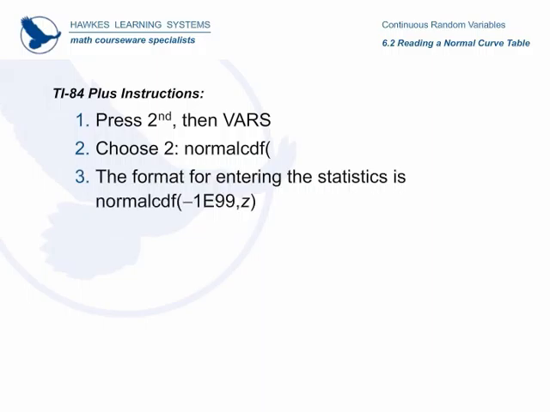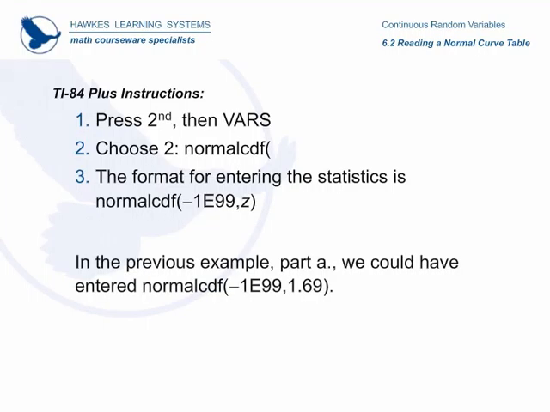The format for entering the statistics is normalcdf(-1E99, Z). In the previous example, part A, we could have entered normalcdf(-1E99, 1.69), and that would have indicated our value.